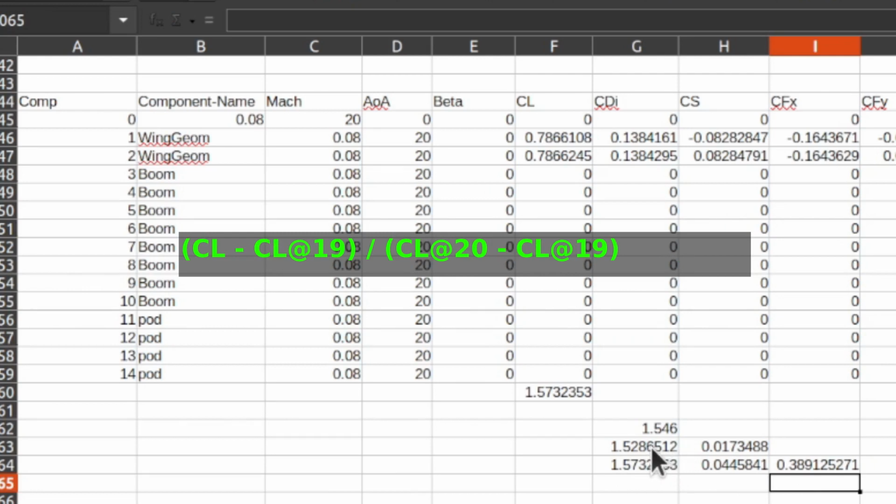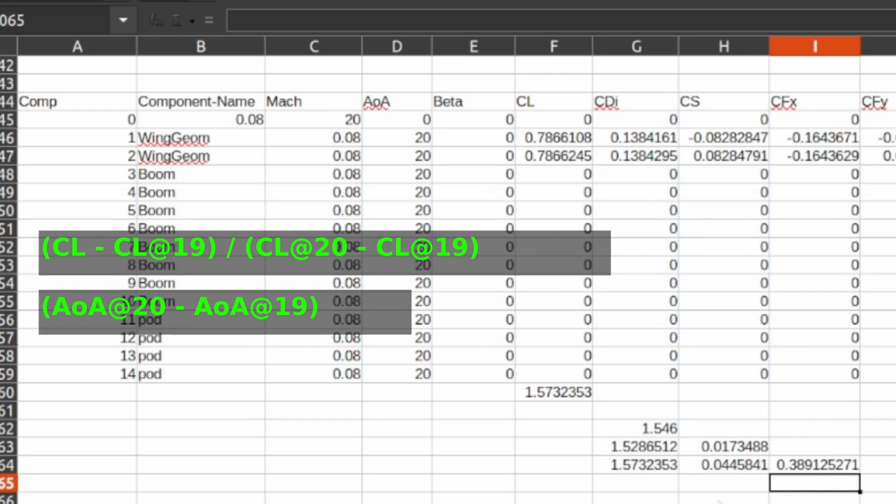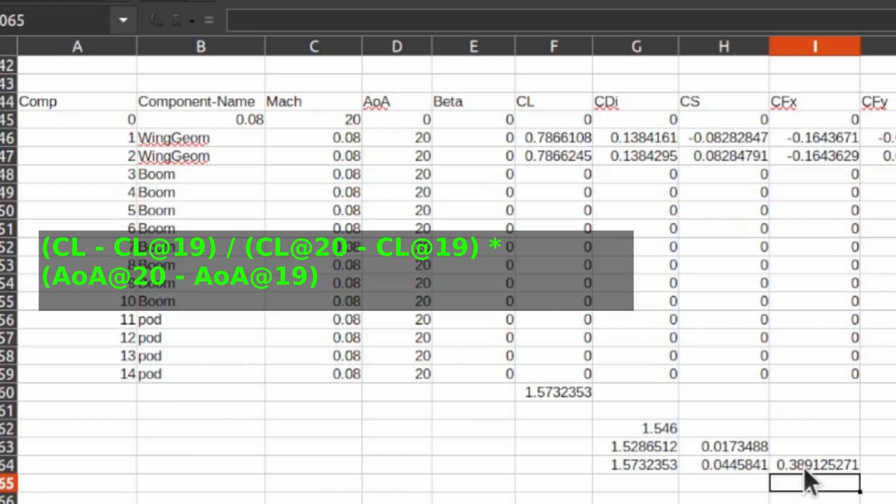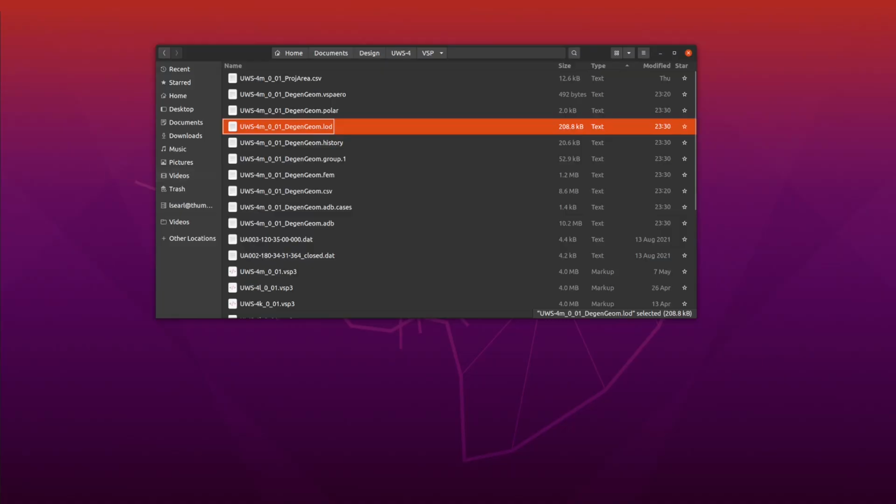Now, the difference between our angles of attack is 1 degree. So that means that we need to increase our angle of attack from 19 by 0.39 degrees. So 19 plus that. So we want 19.39 degrees. So let's go back to OpenVSP.